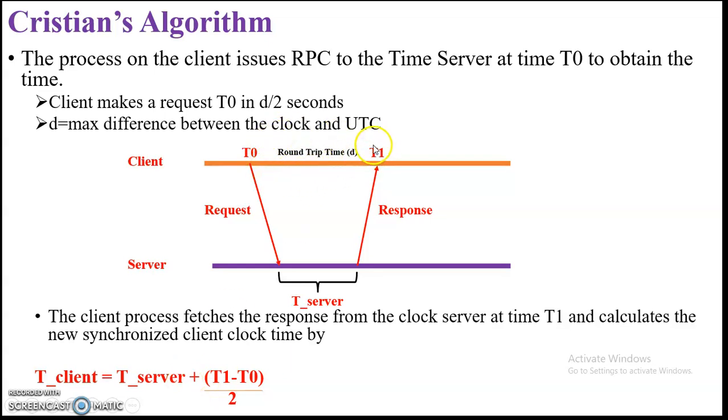(T1 minus T0) by 2 is this round trip time. Round trip time is the time from when the client sent a request till it received the response back from the server. The response that is received from the server is UTC, that is Coordinated Universal Time.